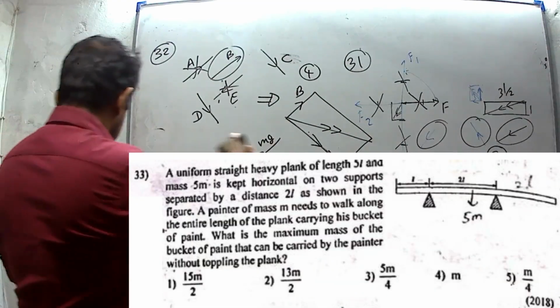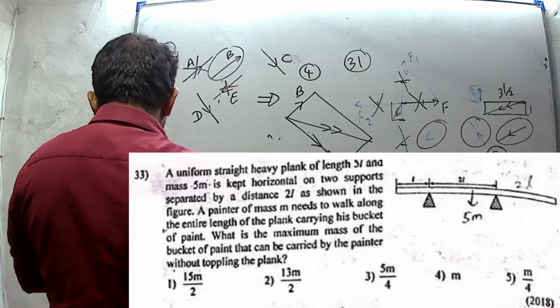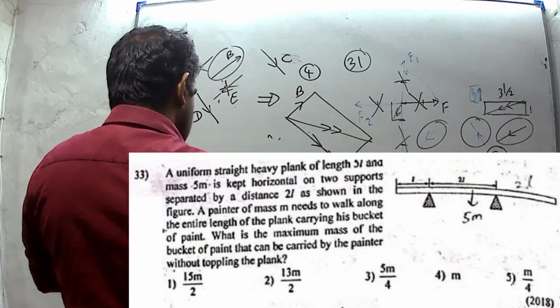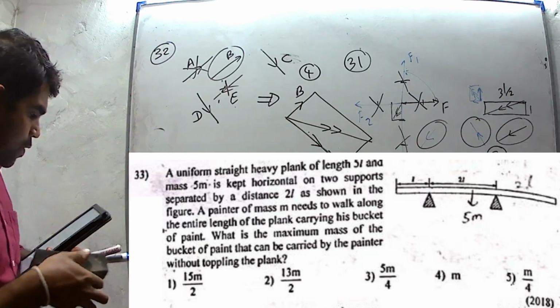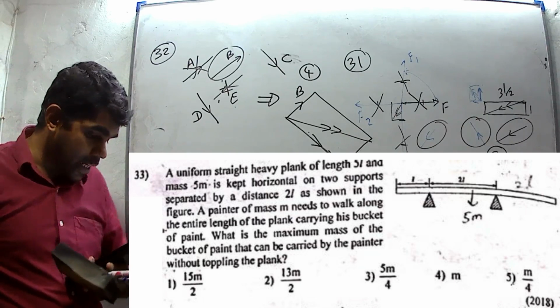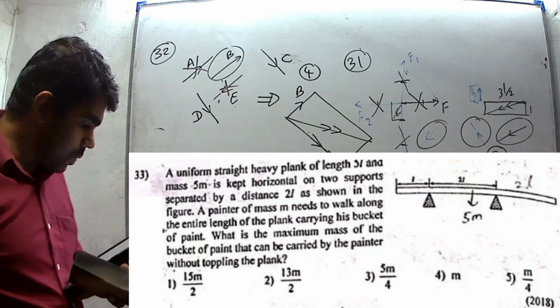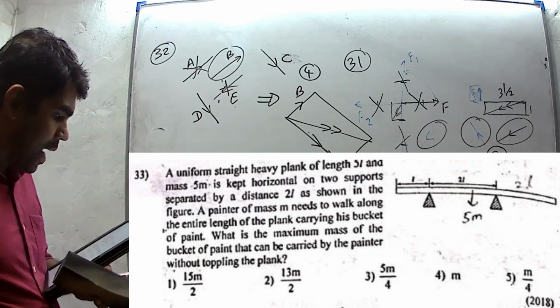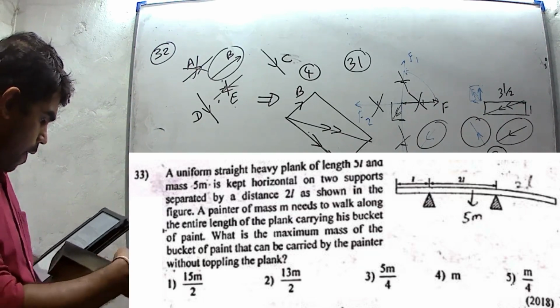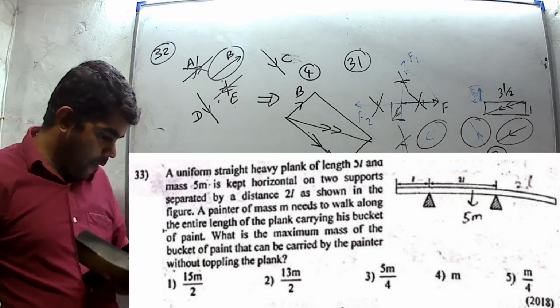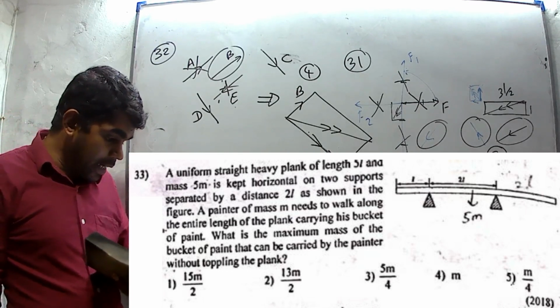Then 33, a uniform straight heavy plank of length 5L and mass 5M is kept horizontally on two supports separated by a distance 2L, as shown in the figure. A painter of mass M needed to work along the entire length of the plank, carrying his bucket of paint.